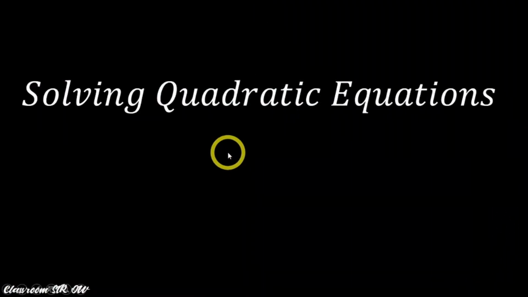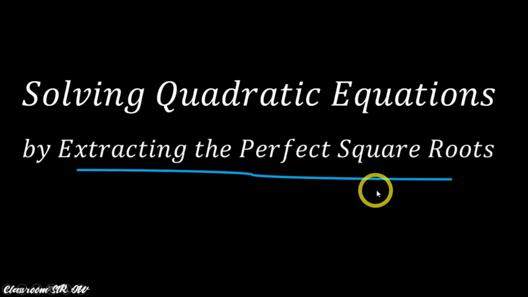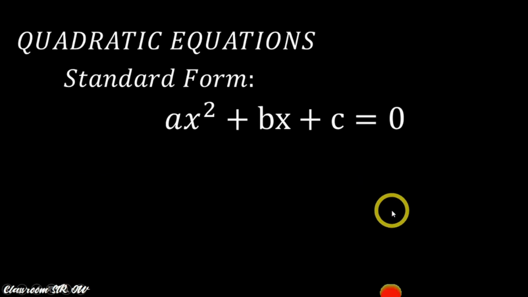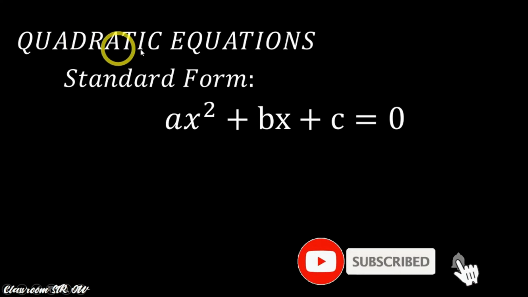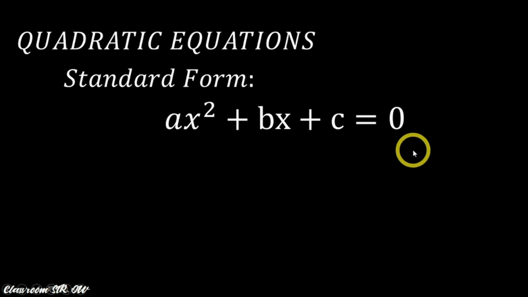In this video, we will try to solve the roots of the quadratic equation by the use of extracting the perfect square roots. Now, for us to understand extracting the perfect square roots, let us first recall our knowledge of the standard form of the quadratic equation, which is ax squared plus bx plus c is equal to 0.